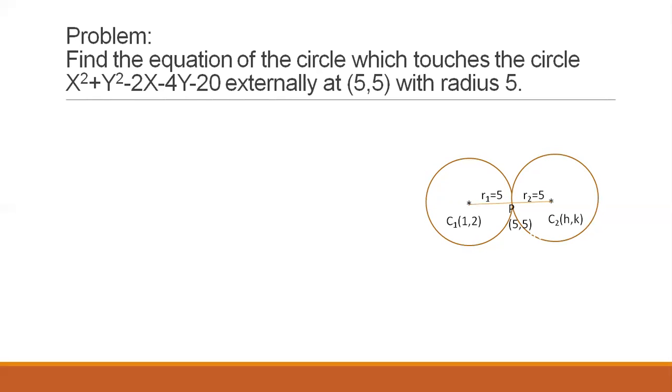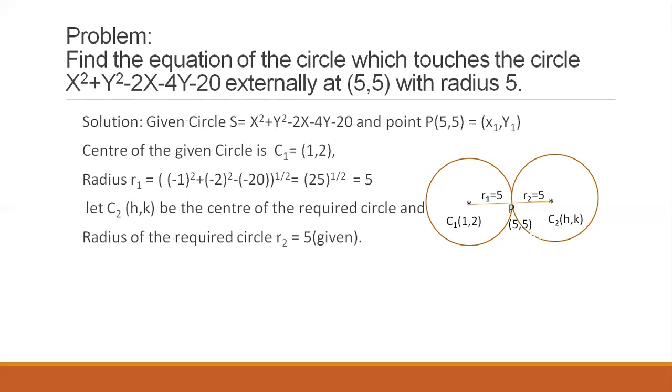Dear children, we have a circle and a point. Let us write the given circle S is equal to x square plus y square minus 2x minus 4y minus 20 and the point P (5, 5) is equal to (x1, y1).